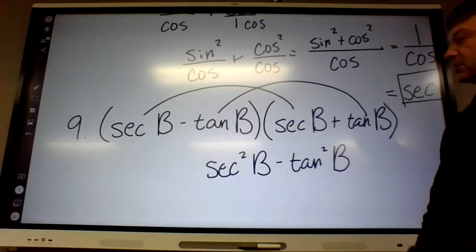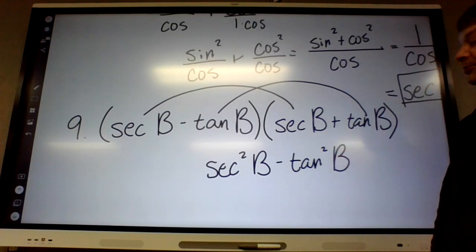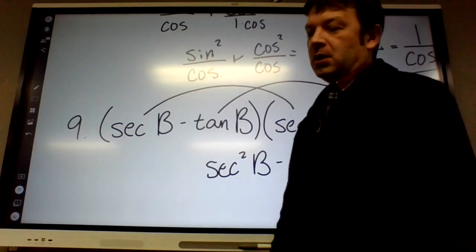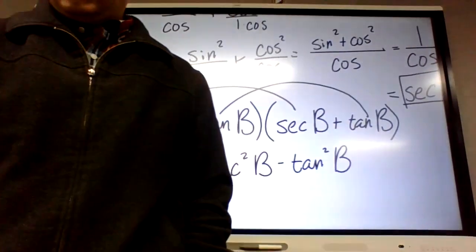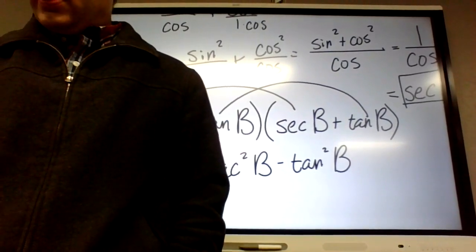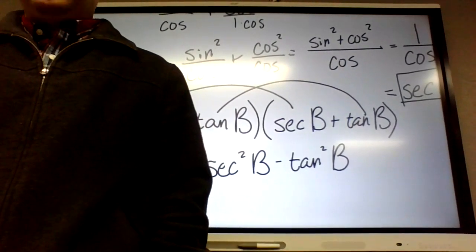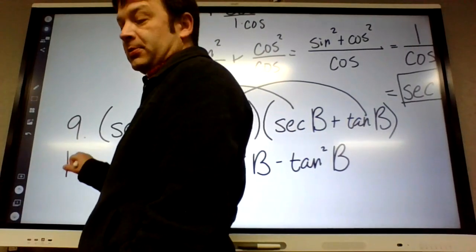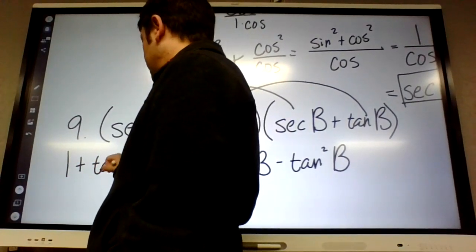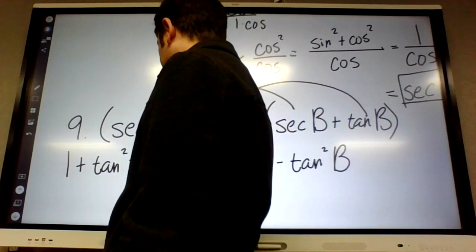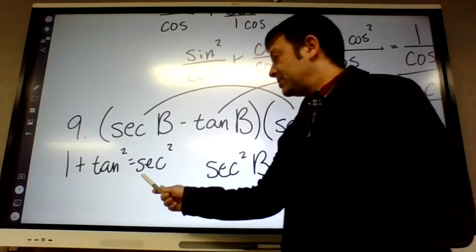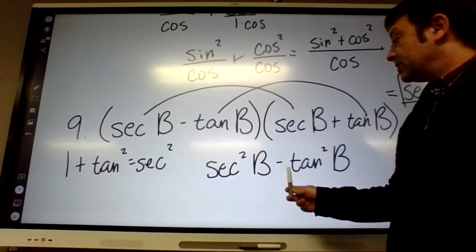Okay. Yesterday, did we have a formula with secant squared and tangent squared? Yeah, I believe we did. Page 317, right? On the bottom of 317 it says 1 plus tangent squared equals secant squared. So we're trying to change this into this.